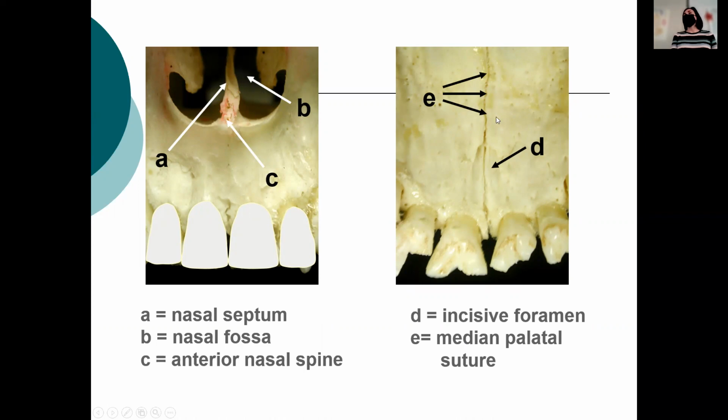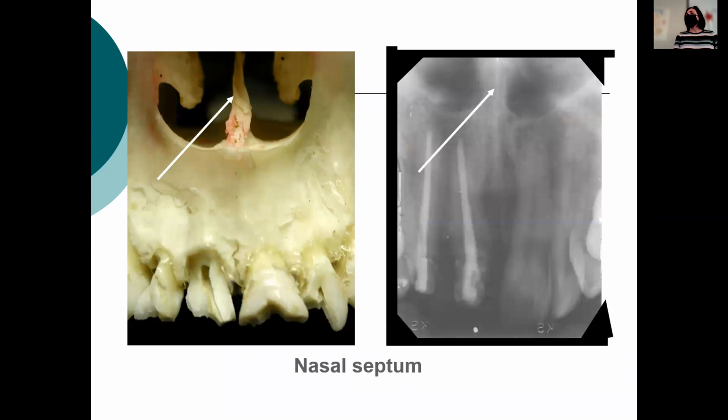And over here on the skull, you can see the suture down through the middle, and then sort of a little scooped out area on the palatal surface, which is the incisive foramen. And here again, you can see the septum on the skull, and then next to it, you can see the septum on the radiograph.